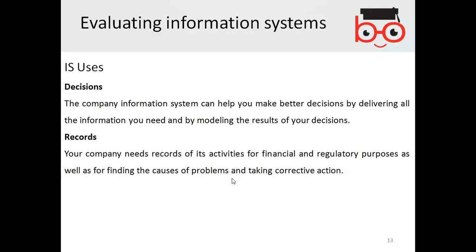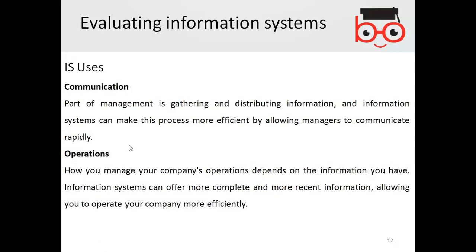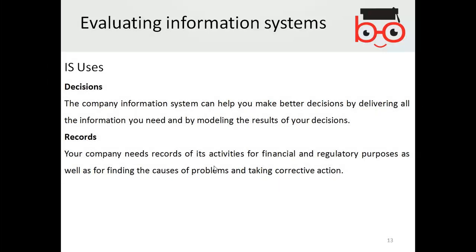Those records help to tackle corrective actions, whichever problems occurred within the information systems in the organization. So uses could be more, but record keeping, decision support, operations, and communications are some of those uses, and they are beneficial when you are using information systems.